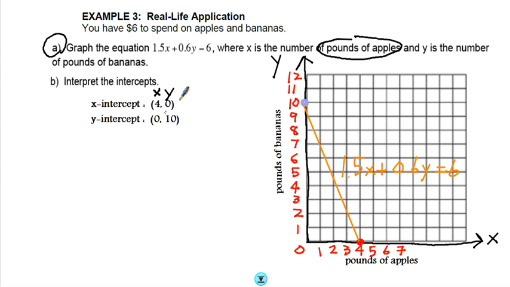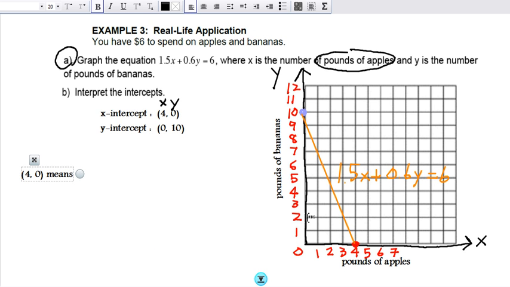So if x is 4, that means you have 4 pounds of apples. And if y is 0, then you have 0 pounds of bananas. As you can see here, 4 pounds of apples, but 0 pounds of bananas. Right? So 4 comma 0 means that if you buy, how many pounds of apples? x is 4.